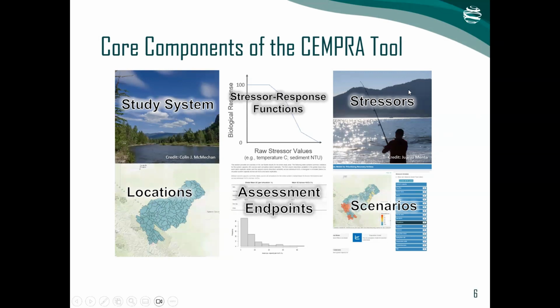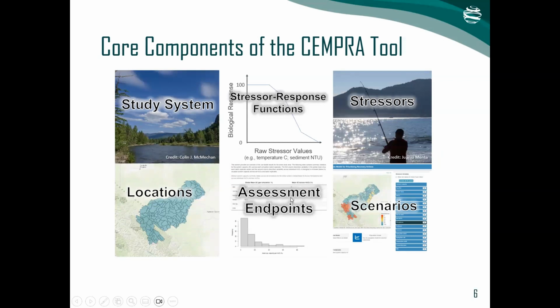Next, we think about a series of stressors that we can quantify or approximate that are linked to the stressor response functions. Finally, we'll have a series of locations. These are different spatial units that we can represent the stressor and study system at. These can be of any scale and may include subbasins, watershed, or even mesohabitat units within a river.